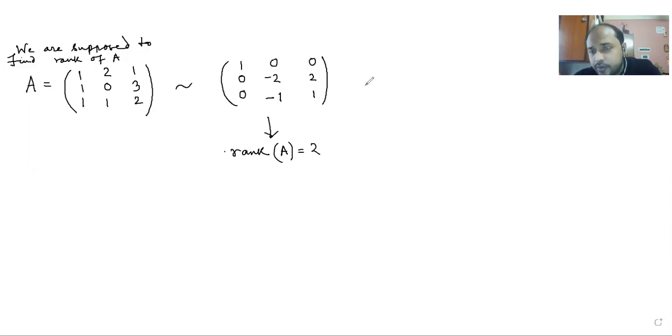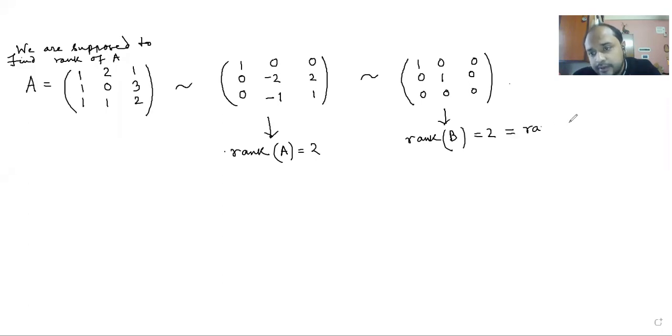But I actually proceeded a little bit further, and I showed you that after applying several column and row operations together, we can get a matrix of this form. I named this matrix B, and I wrote that it is clear from the picture that rank of B equals 2, and therefore it must be equal to rank of A. That is what I did in my previous session.